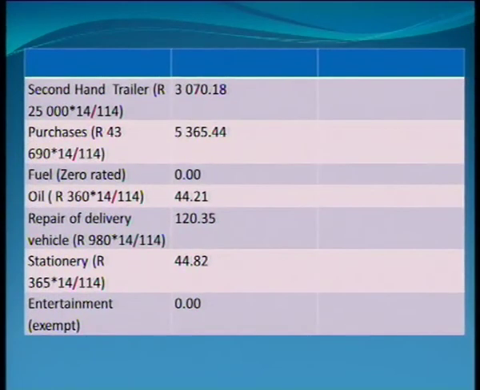First of all, we'll see the second-hand trailer is taxable. There was VAT, we had to pay VAT on it. And as I explained previously, 25,000 is your amount including the VAT.